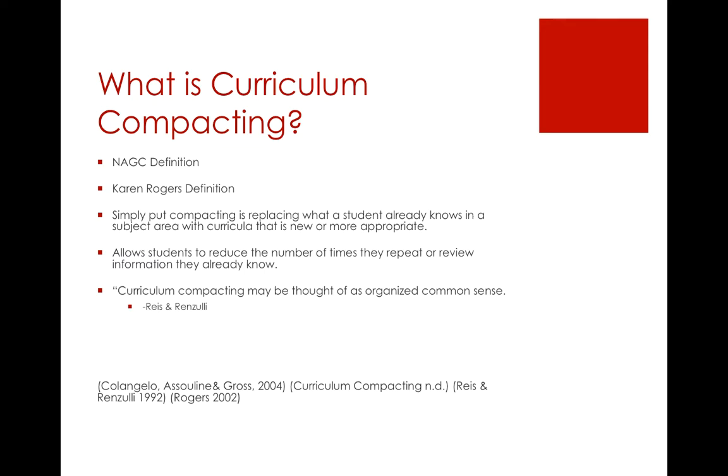So simply put, compacting is replacing what a student already knows in a subject area with curricula that is new or more appropriate. It allows students to reduce the number of times they repeat or review information they already know. And I took this quote from Reese and Renzulli. I really liked it. It says, curriculum compacting may be thought of as organized common sense.